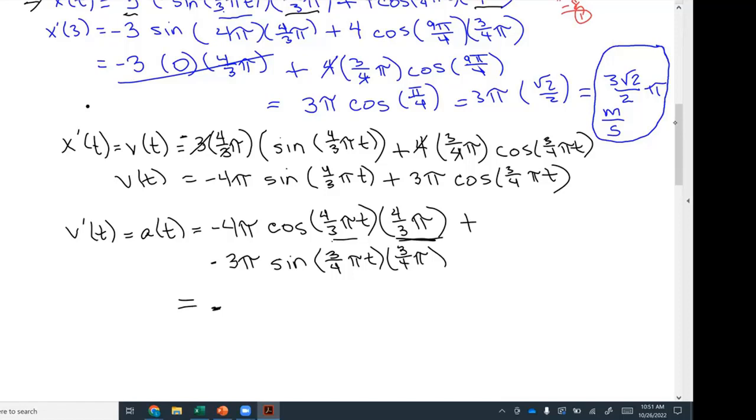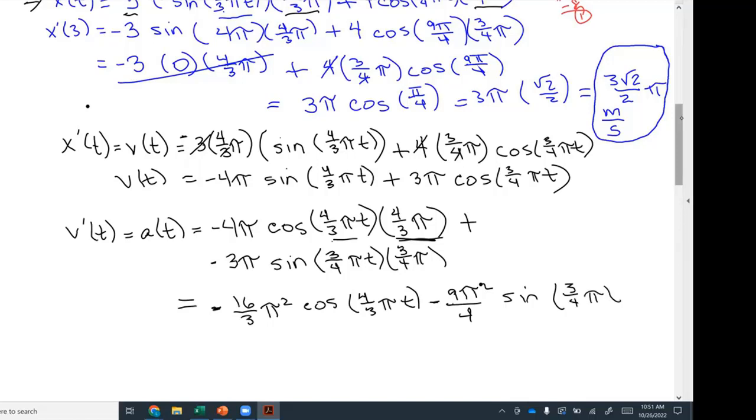So I have negative 16/3 pi squared times the cosine of 4/3 pi t, minus 9 pi squared over 4 times the sine of 3/4 pi t.